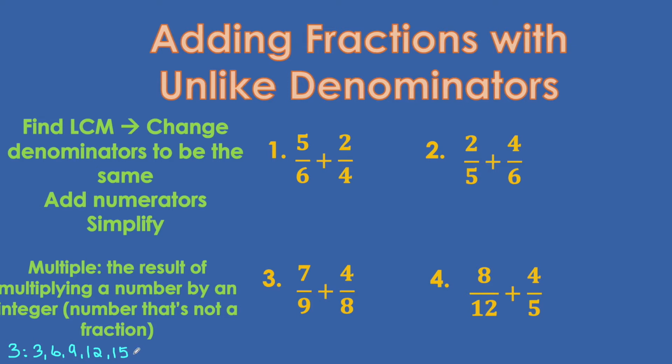We can also list more numbers, but we'll stop at 15. So 15 would be a multiple of 3 because 3 times 5 equals 15.